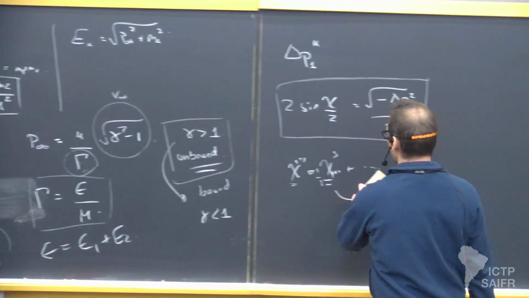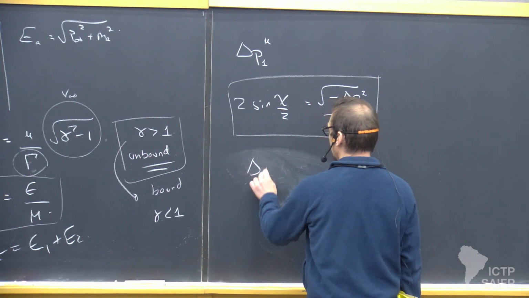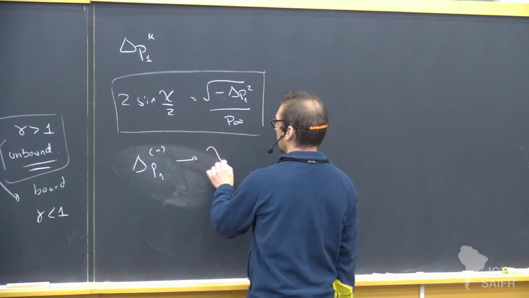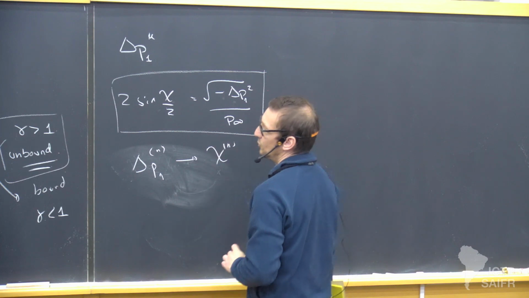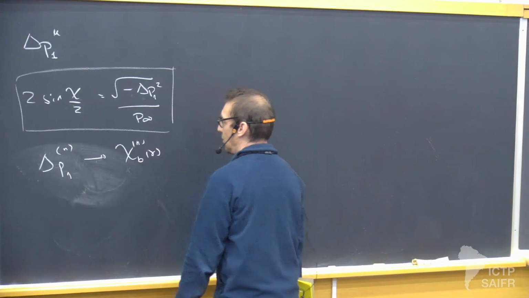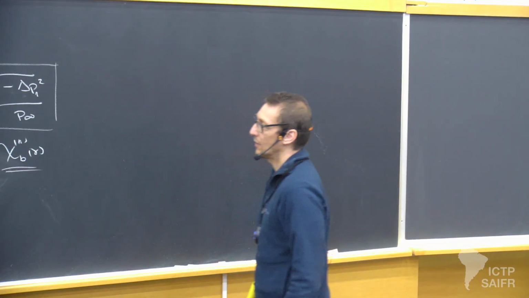So what this means is that if I know delta P to a given PM order, then I get the angle to a given PM order, and this is what we want. This is our guy. Yes?